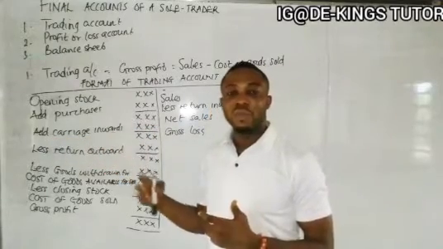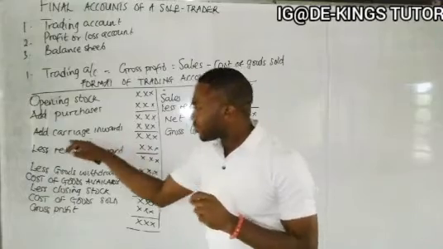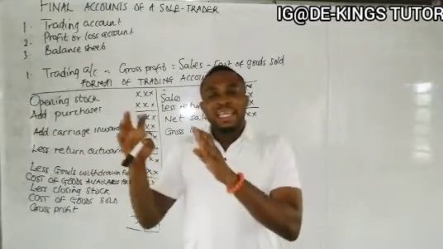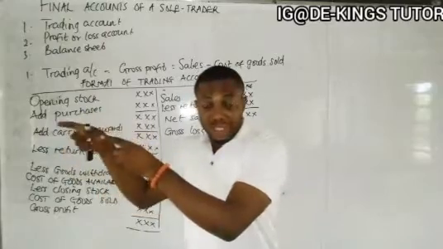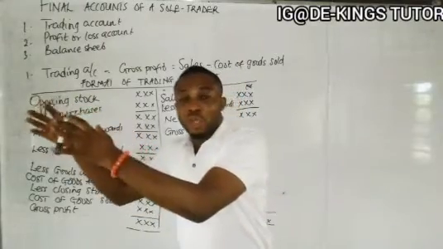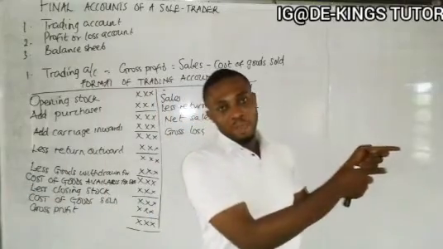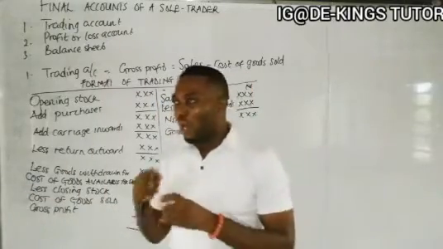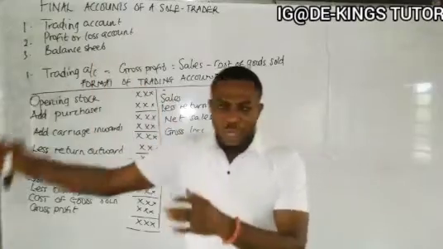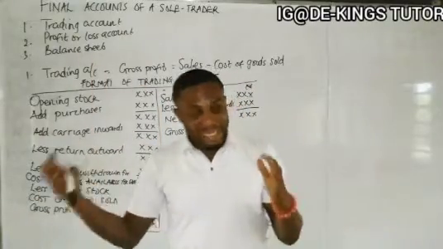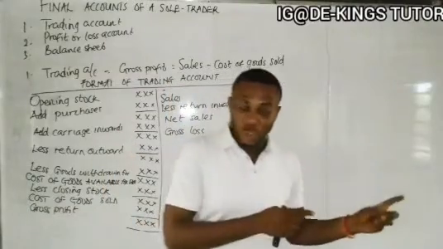Okay, so once you add it to this, now this is carriage inward. Now what does carriage inward mean? It means the expenses or the cost you incurred in getting the goods you purchased in the market towards your store. For instance, you went to the market to get some goods and it is so much, you can't take it on your head to your store.